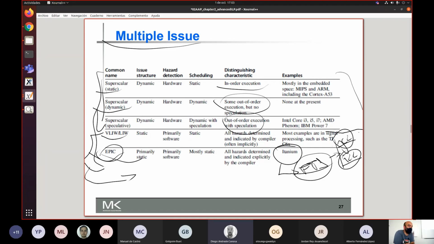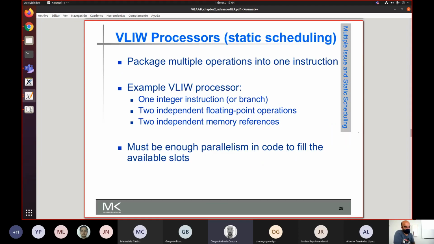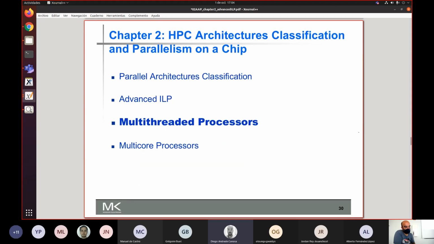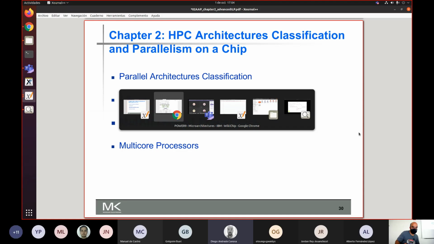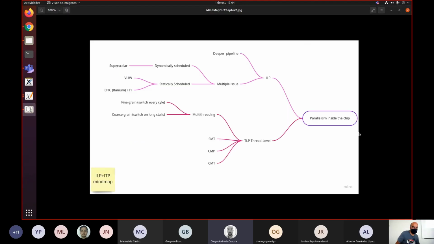Okay, so as we are talking about many things in this part of chapter 2, I created this mind map just to order the ideas. We are talking in general about parallelism inside the chip. There are two facets of this: instruction level parallelism and thread level parallelism.